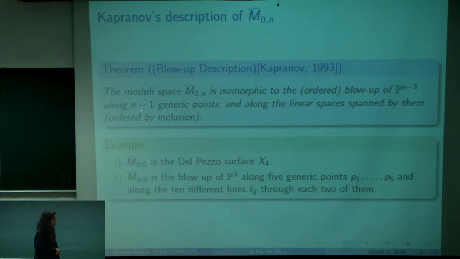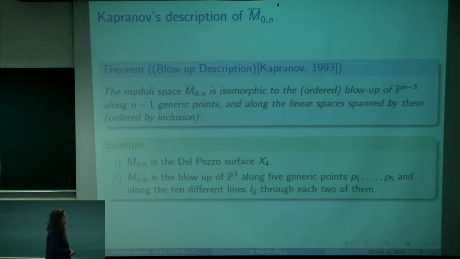So you blow up first n-1 points, and then you blow up along lines through these points, and then along planes, if you can, through these points, until the codimension is 2 of these linear spaces. The order of this blow-up is important, but you can do it in this order, and this is enough. And so it shows that M0,n bar is really a simple object. It's just a blow-up of P^(n-3).